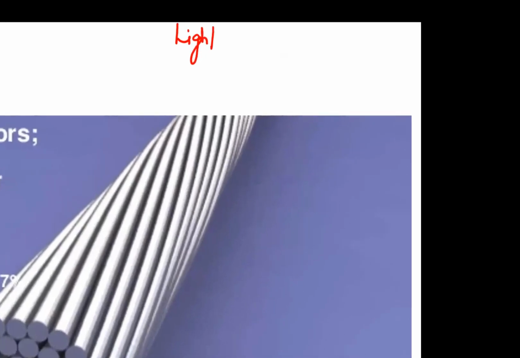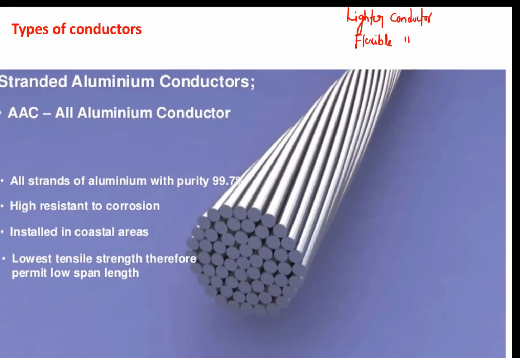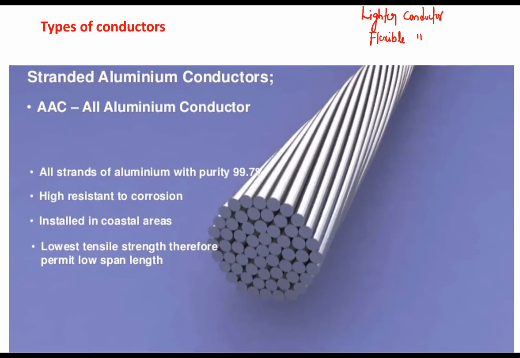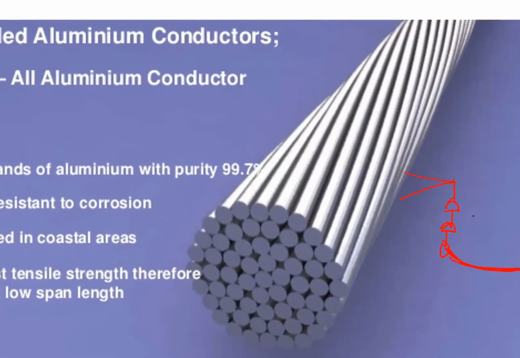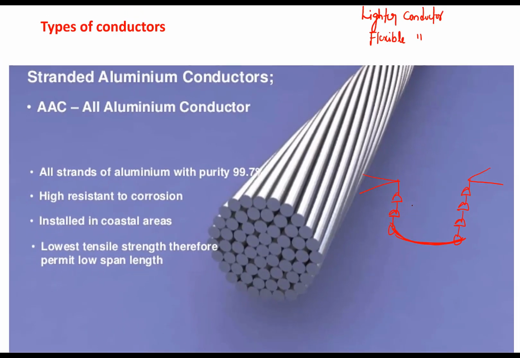Lighter conductor, flexible conductor. Since solid conductors lack flexibility, it is very difficult to string them between two towers. If this is one tower, without flexibility in this conductor, it is very difficult to string between them.